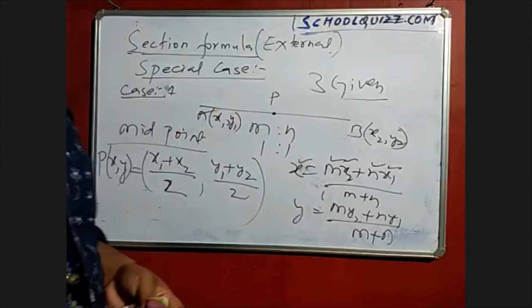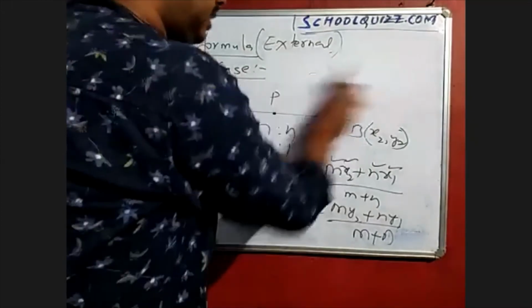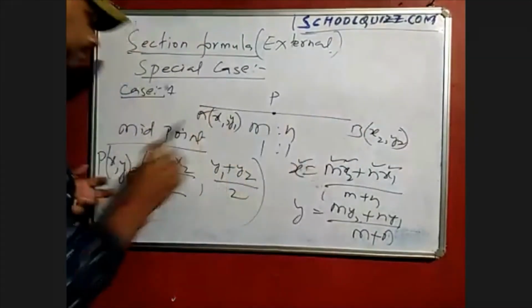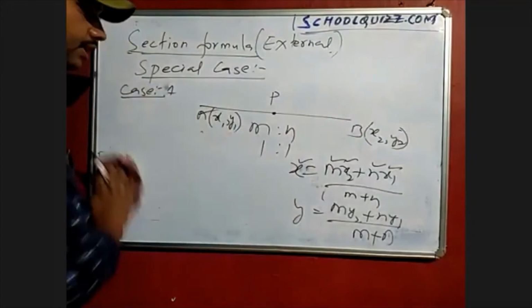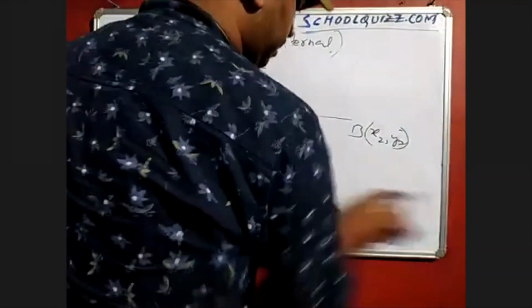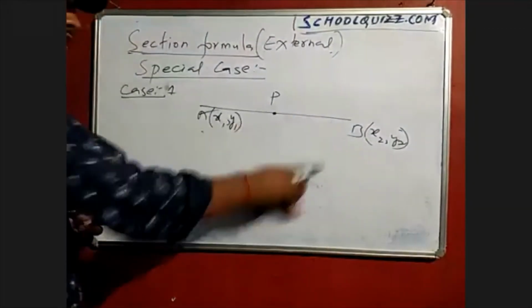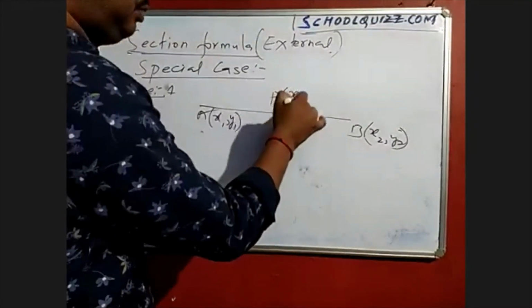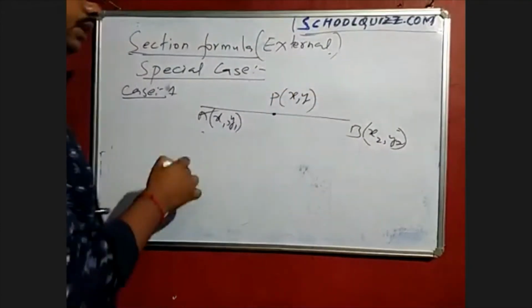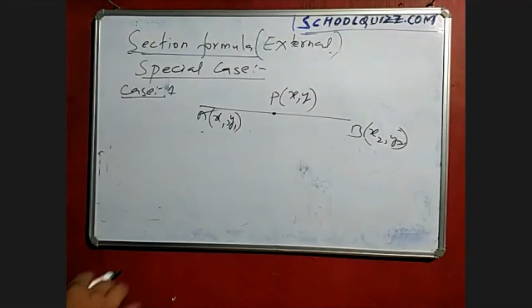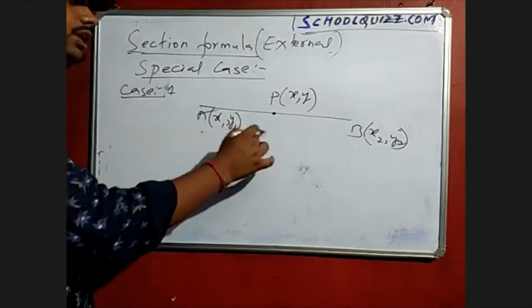But sometimes what will happen, suppose they do not mention it and give you this one. Sometimes in some 5 marks questions, to divert your mind, they will give A and B, and M and N are also not given.